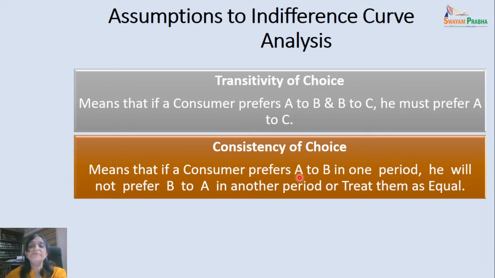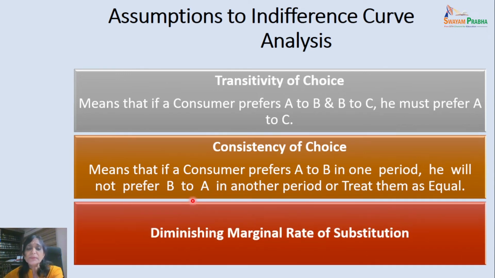In this time period, if I am saying I like tea more than coffee, the assumption is that at no point of time later on will he say I like coffee more than tea now, or tea and coffee are the same for me. So that is called consistency of choices. My choices will remain consistent. They will not change. Once I have said that A is more than B, then always I will have to say that A is more than B. At no point will A become equal to B or A become less than B. That is what you mean by consistency of choice.